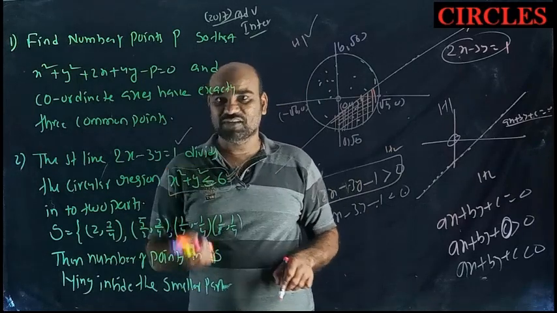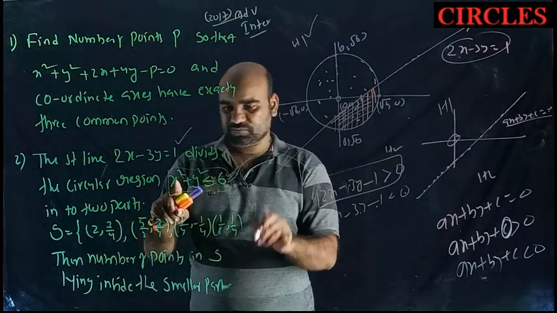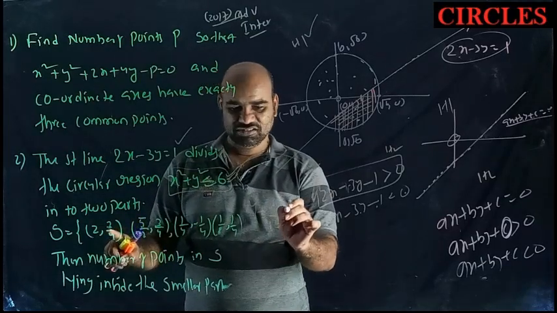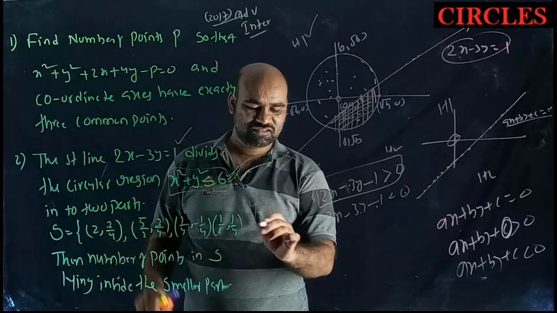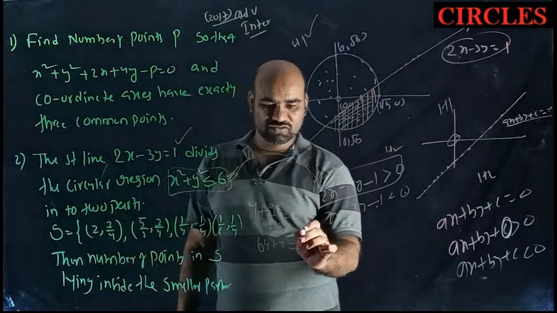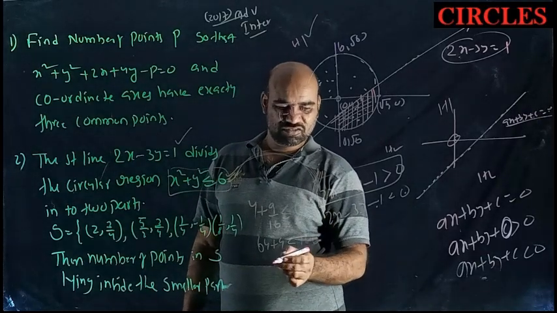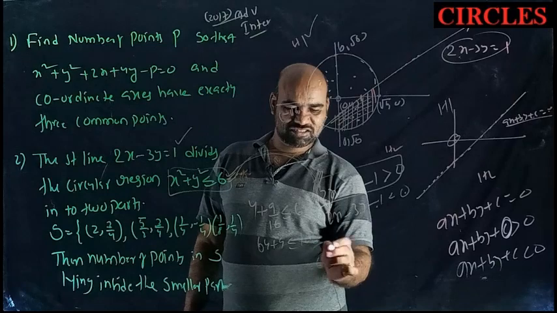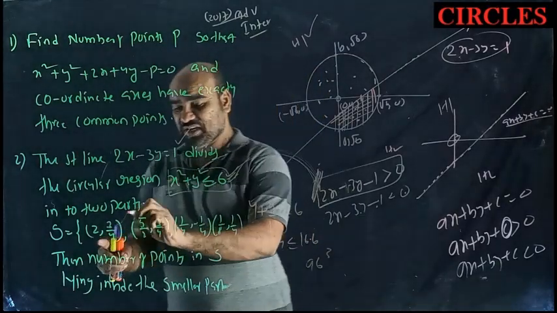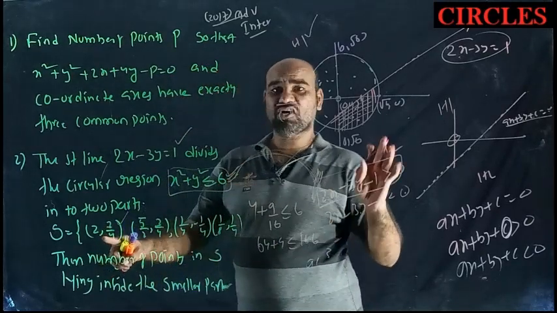Now just checking. Take the first option and substitute here: 2 square is 4 plus 9 by 16 less than or equal to 6. 64 plus 9 over 16 is less than or equal to 96. This is a true statement, so this point belongs to the circular region. Now we need to cross-check whether this point belongs to the H2 half plane.